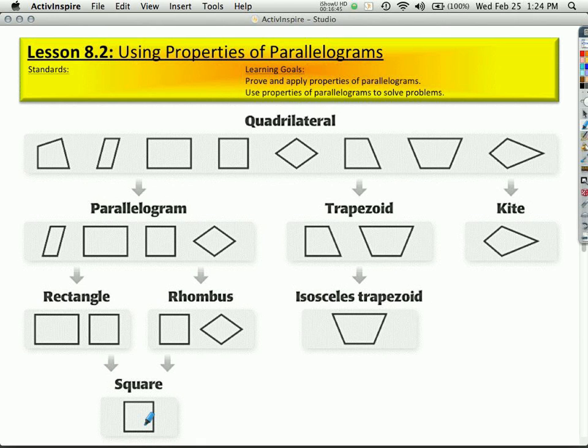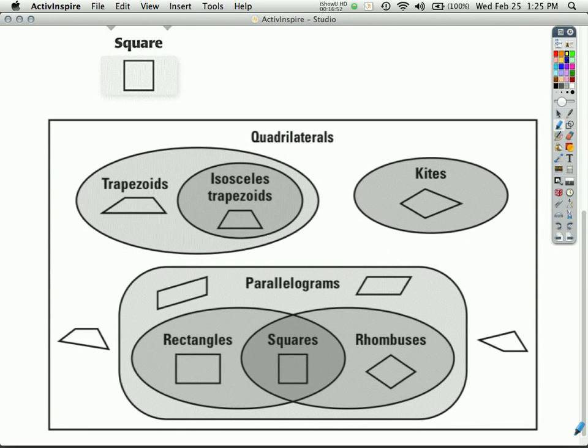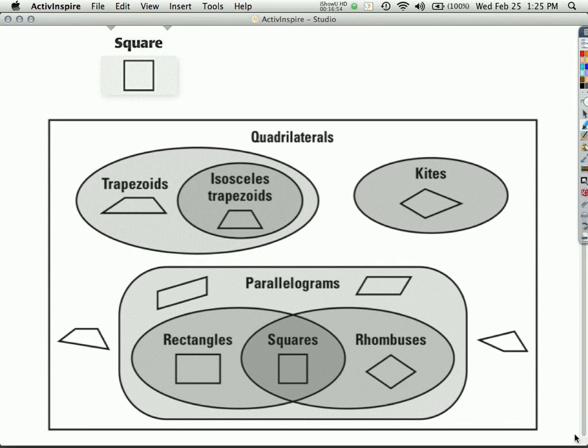Any questions about that? On the back of that same sheet, I have a different way of looking at it. It's the exact same thing, a different way. But you can see that the area of this diagram that takes up the most space and has the most ideas within it is the parallelogram area.